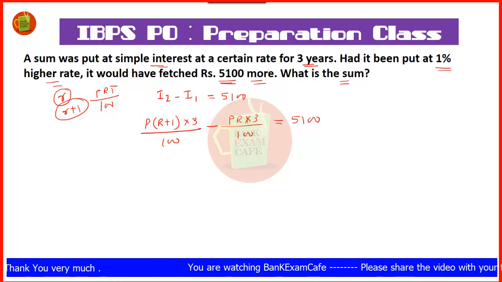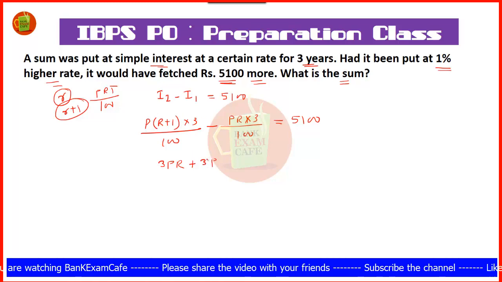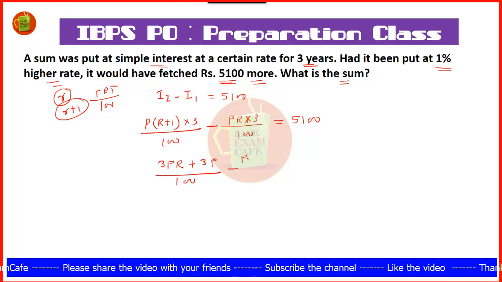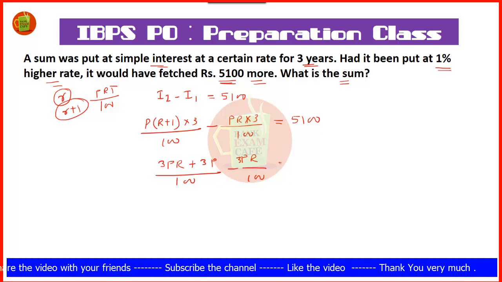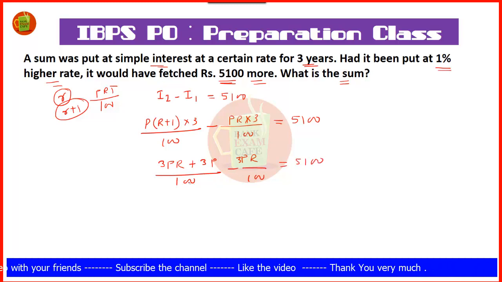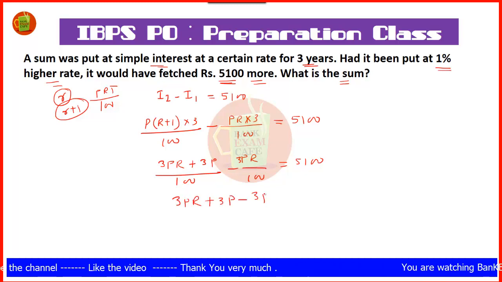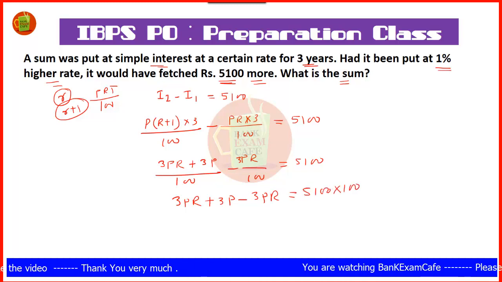So here we will multiply inside the bracket by 3p, so this will be 3PR, correct, plus 3p upon 100 minus PR into 3, that is 3PR upon 100, which is equal to 5,100. Take 100 to this side, so it will be 3PR plus 3p minus 3pr, which is equal to 5100 multiplied by 100.